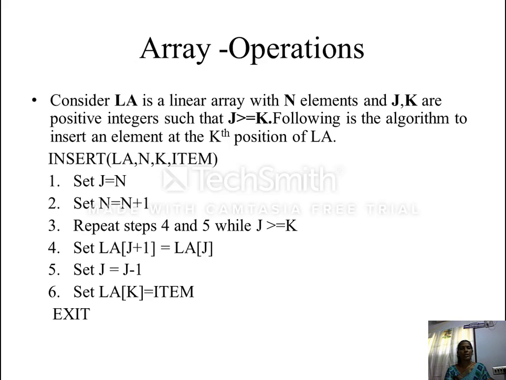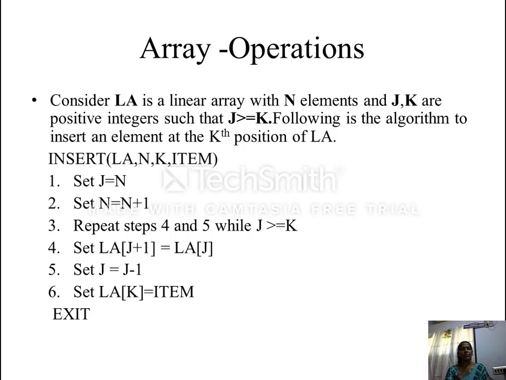The insert operation of an array. So, to insert the value into an array, we need an item to be inserted, the location to be inserted, and the size of an array. First, the current size of an array is stored in a j variable. Next, we want to increase the size of an array by 1.